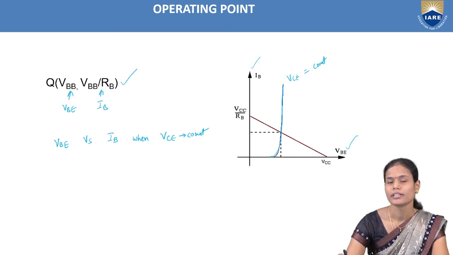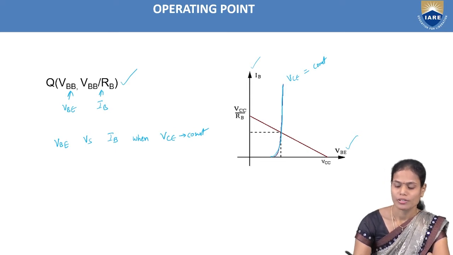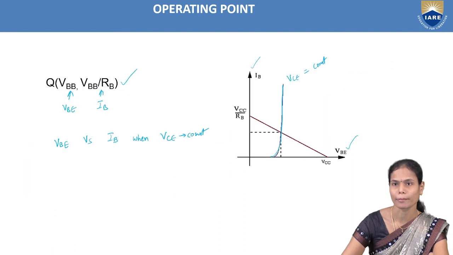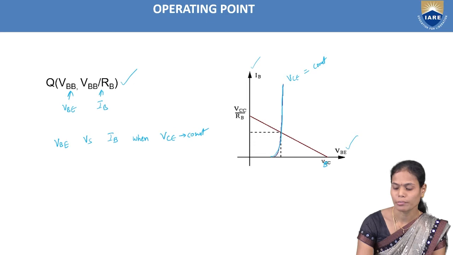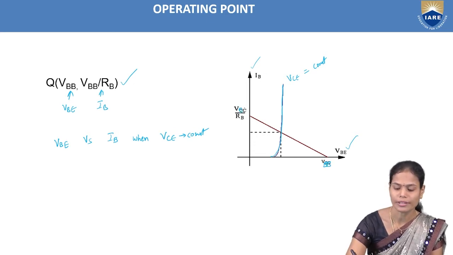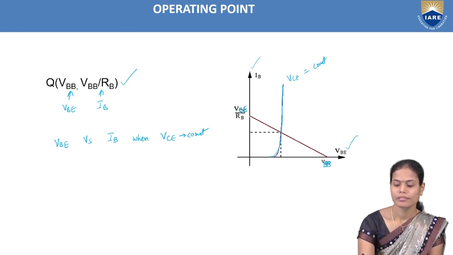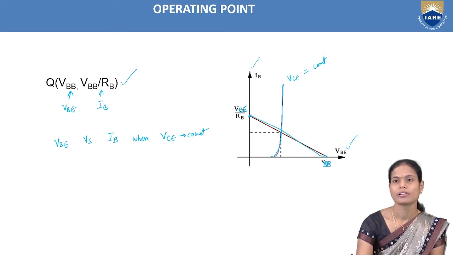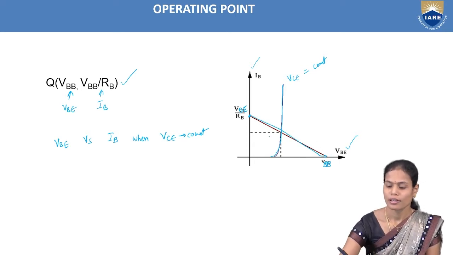After getting the input characteristics, we need to indicate the operating point on them. We have already calculated VBE equal to VBB and IB equal to VBB by RB. If we indicate these two points and join them, we get the load line.